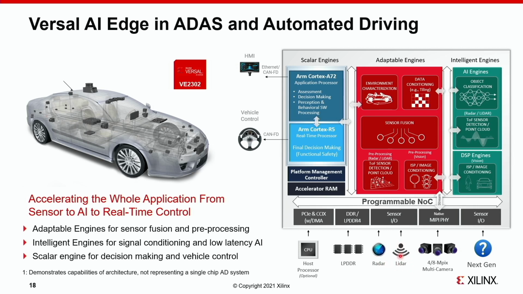Interfaces, sensors, and you want to use the programmable logic to do the sensor fusion for all these sensors. This data then will feed into the AI engines for object detection and classification, and finally the results will be sent to the ARM processor subsystem. So again, whole application acceleration from sensors to AI to real-time control.